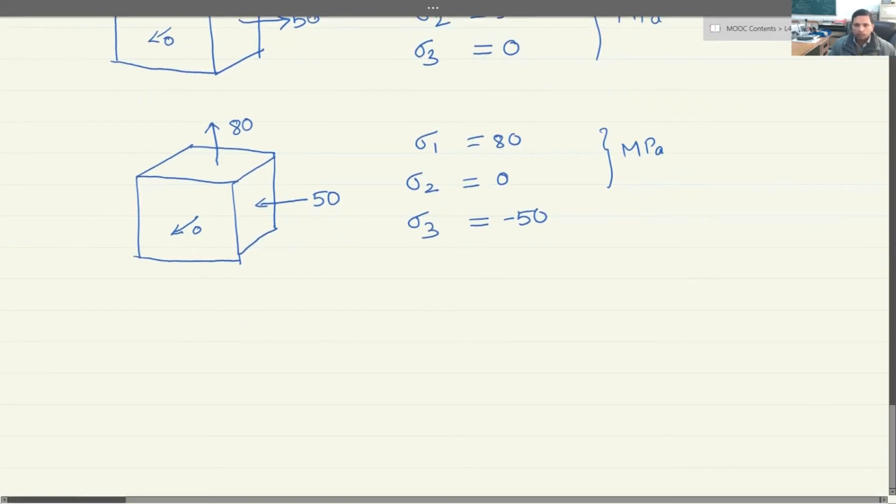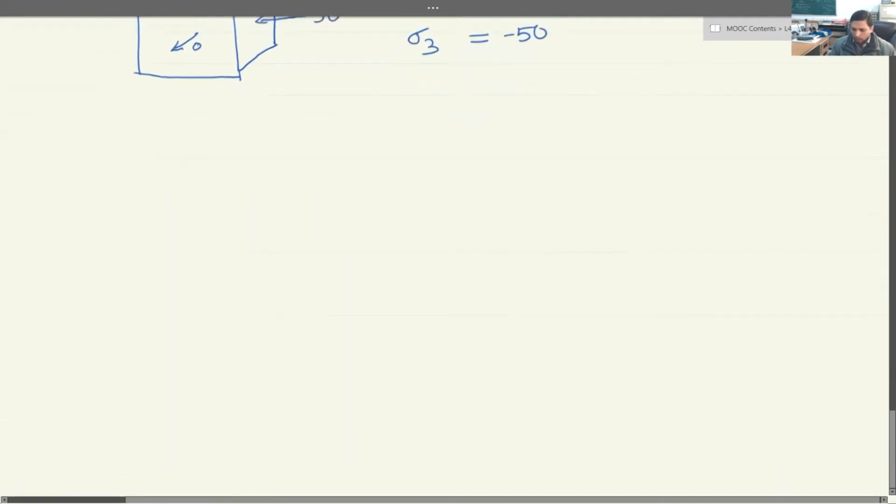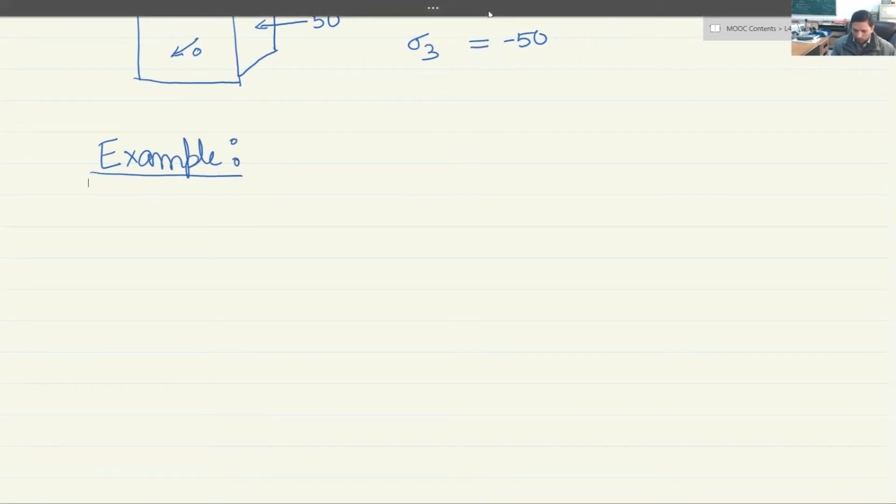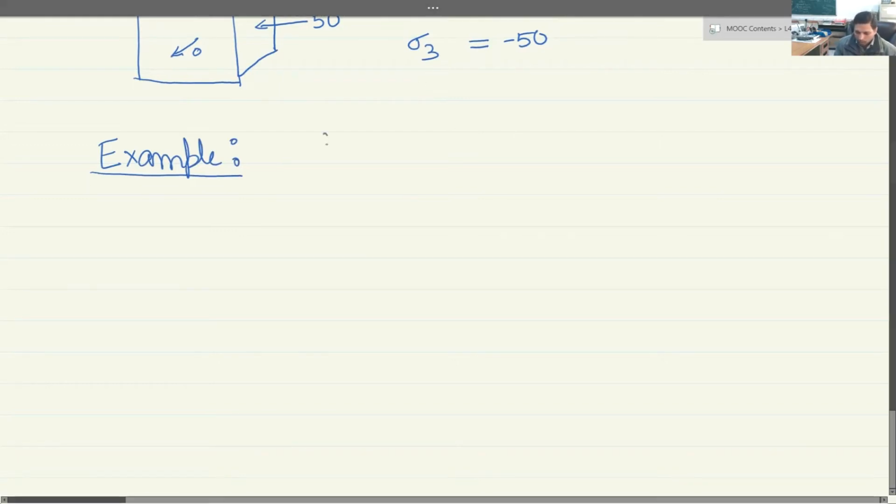Now moving on, let's look at one example. Let's say you are given that sigma x is equal to 10, and again I am assuming that the units are in MPa.